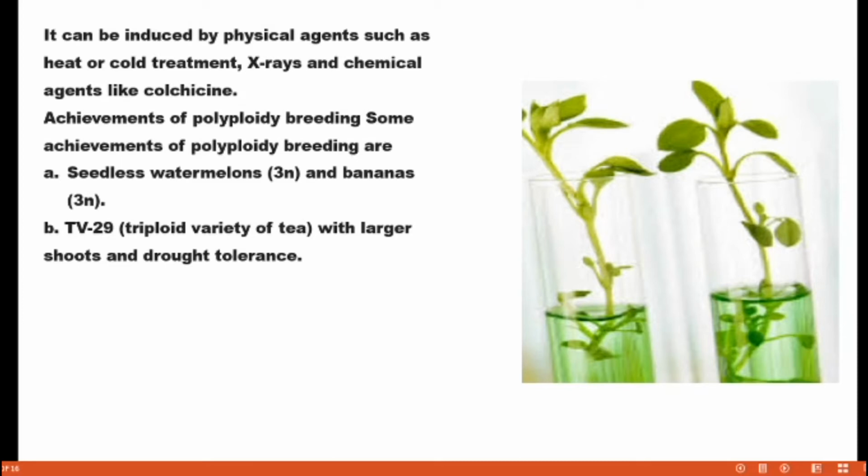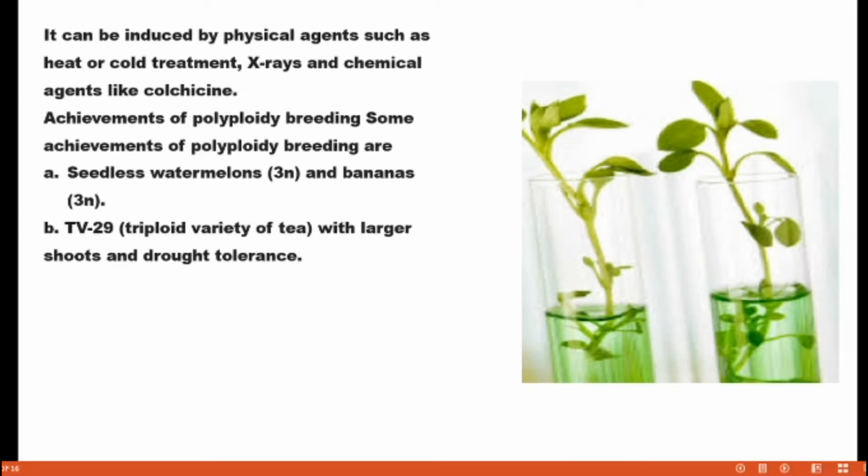TB28 is a triploid variety of tea, which has longer shoots and drought tolerance. Here the tea plant with polyploidy becomes TB28. What happens is longer shoots as well as drought tolerance.